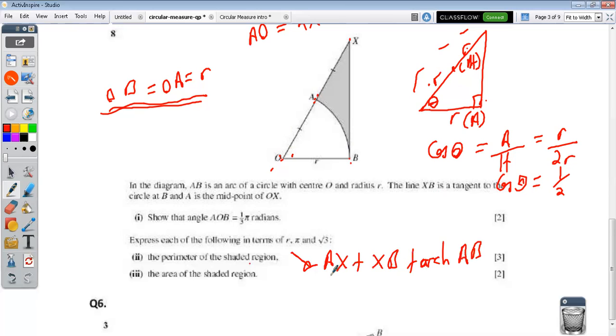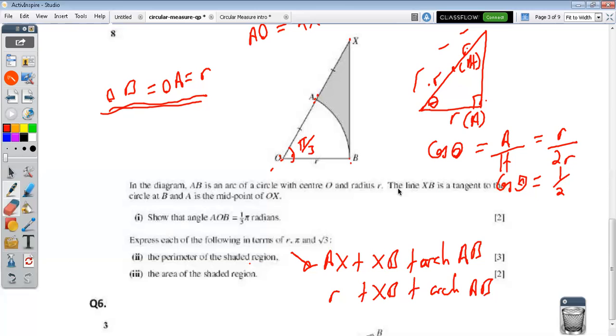So this we have, that's R. XB we don't have. Then the length of arc AB we don't have. But we said this angle here, we discover that is pi over 3.